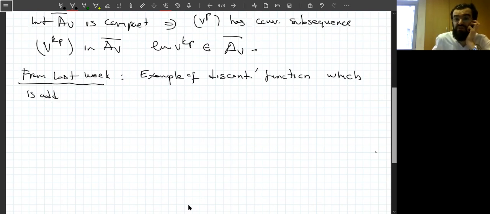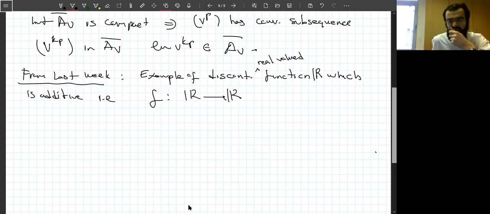A discontinuous real valued function on R which is additive, i.e. f from R to R is discontinuous somewhere, but it is additive.